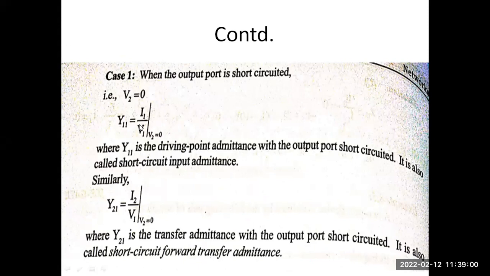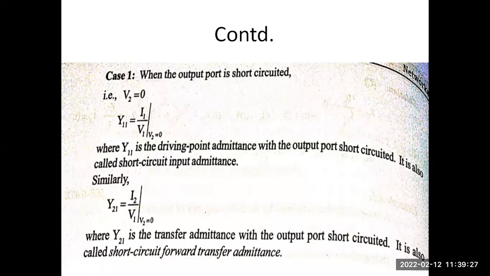That means at the same port, we are calculating the I by V ratio, so it is known as the driving point. This is known as the driving point admittance with output port short circuited. It is also called the short circuit input admittance.